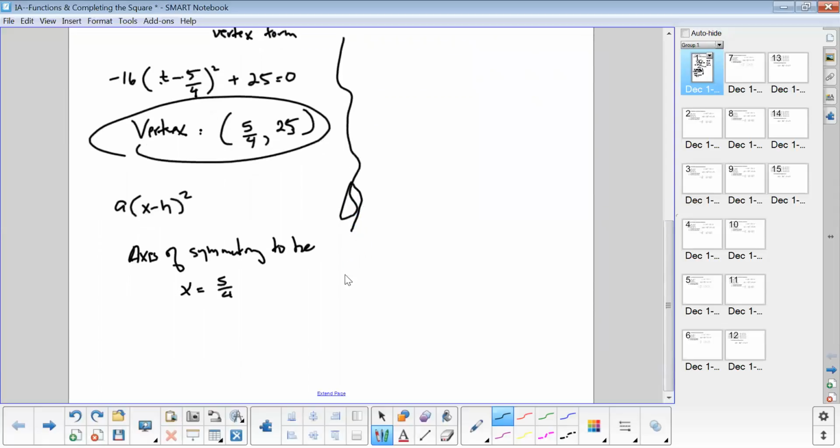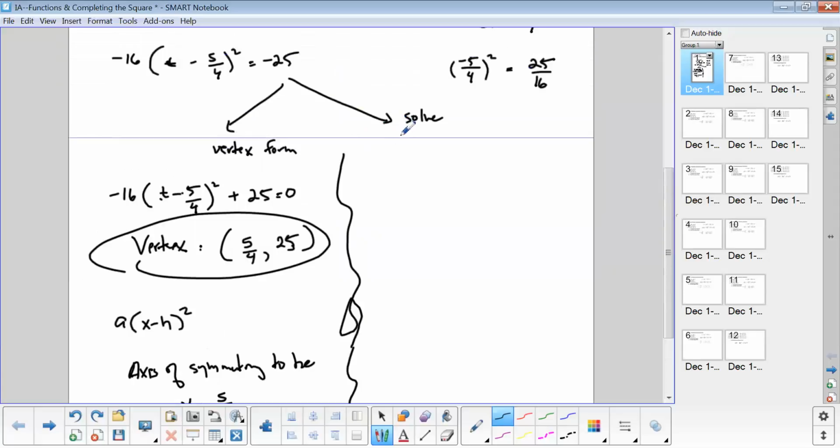So, to solve it, negative 16 times t minus 5 fourths quantity squared equals negative 25. So I want to divide by negative 16, and I get t minus 5 fourths quantity squared equals 25 sixteenths.